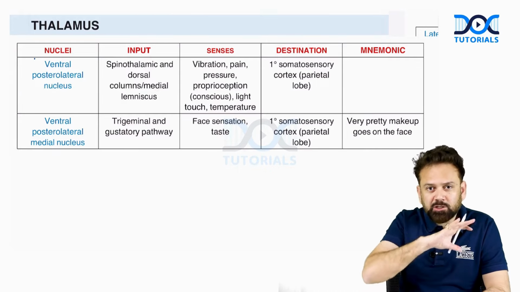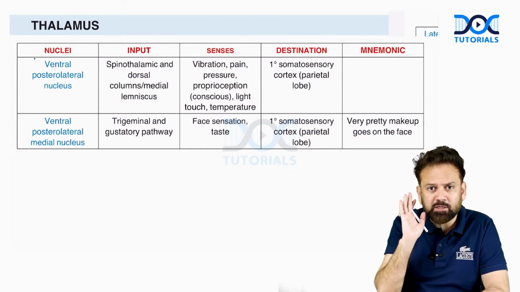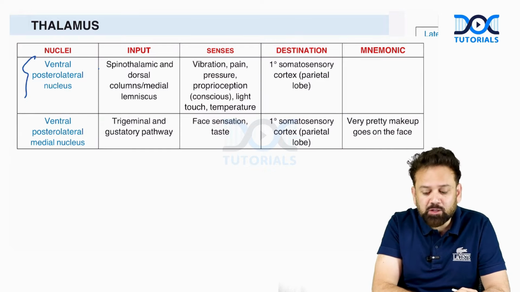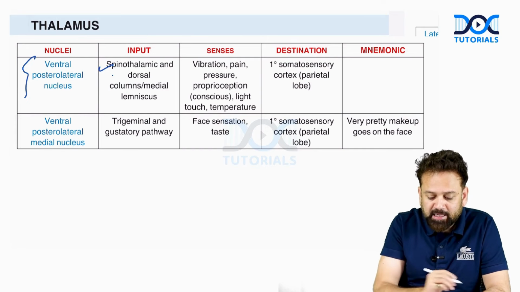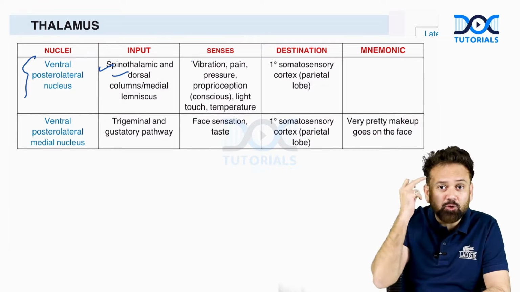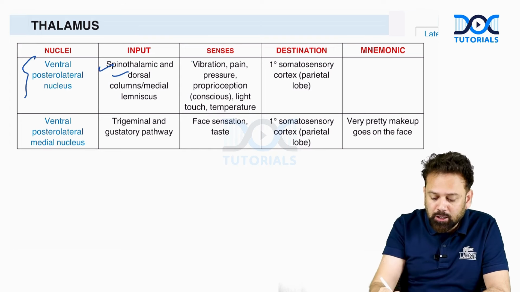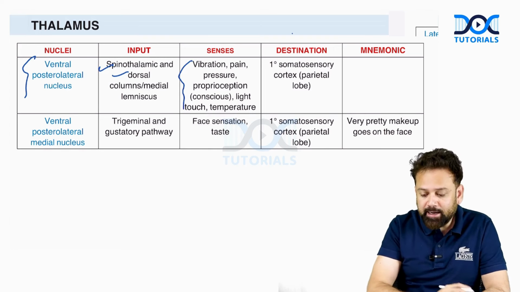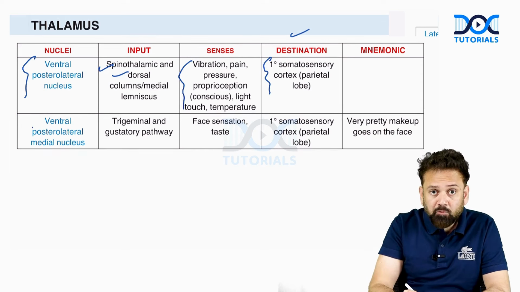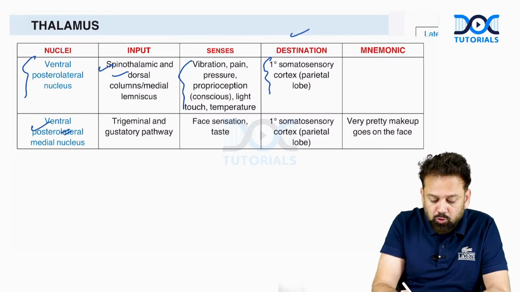Now, from a revision point of view, we have discussed thalamus, nucleus, everything. VPL, ventro-posterolateral nucleus, where we have discussed both tracts, spinothalamic and dorsal tract. Every tract is passing through the same nucleus, VPL. So all the sensation will be carried by that. And their destination will be primary somatosensory cortex in the parietal lobe. Ventral posterior, just remove lateral and put medial.